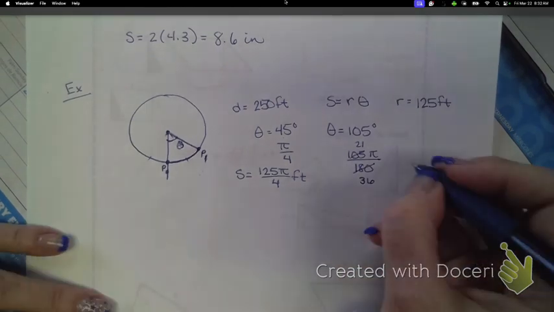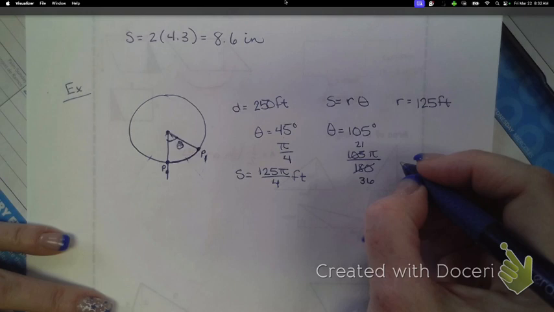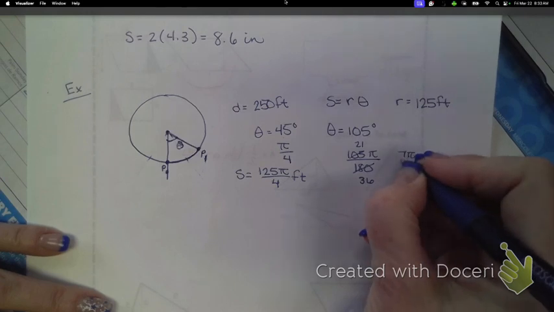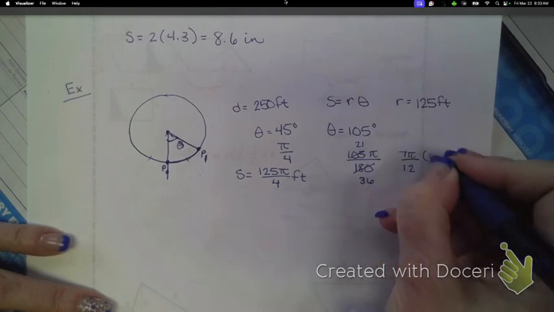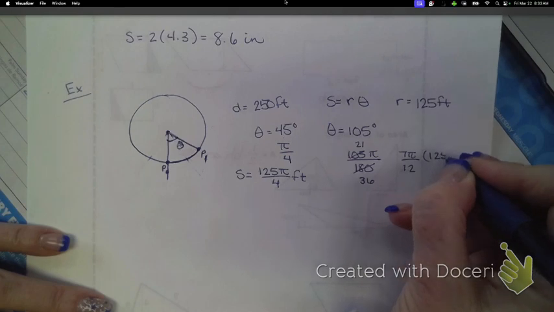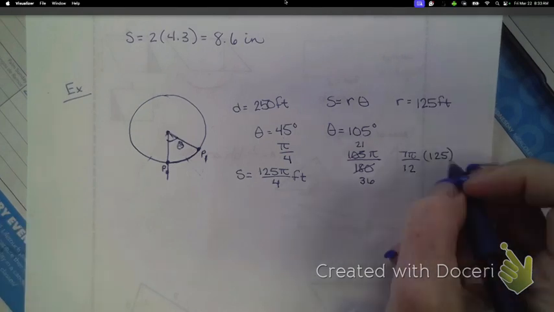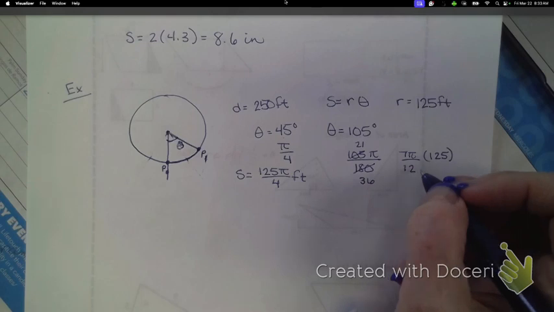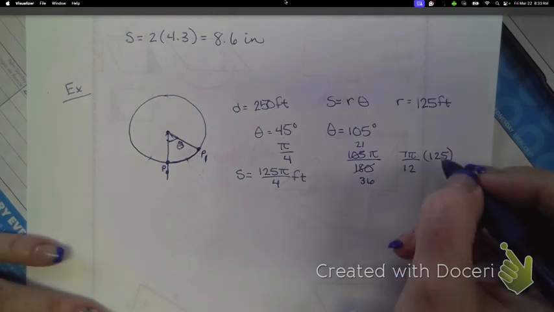Okay, so then I have 7 pi over 12 times 125. 125 and 12 reduce. No. Okay, so 7 times 125, right?